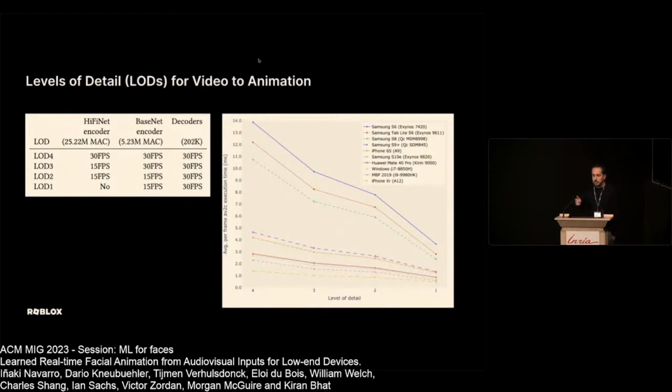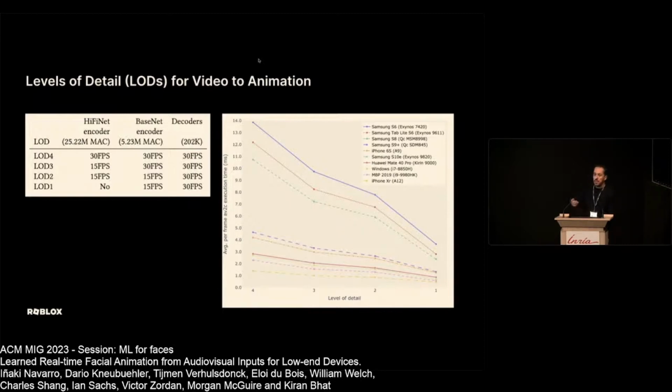In LOD 4, the highest LOD, we run the encoder of HyperNet, of BaseNet, and all the decoders at 30 FPS, and the effects produced are coming from HyperNet. For instance, on a very low-end device, like a Samsung S6 from 2015, this runs in 14 milliseconds on average per frame, because we run every network at the same FPS.